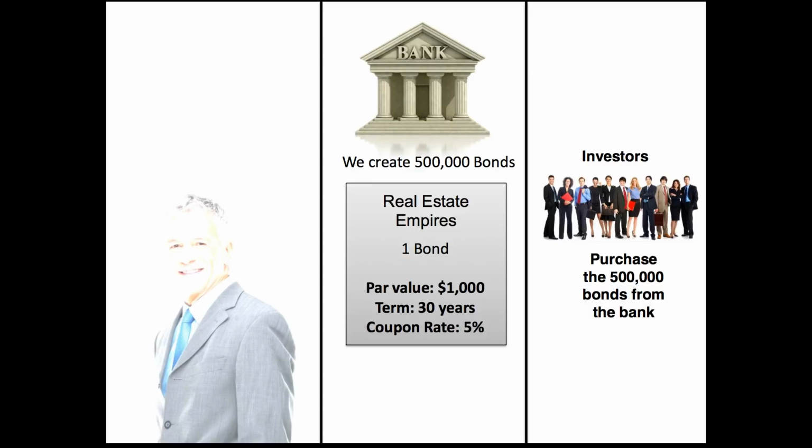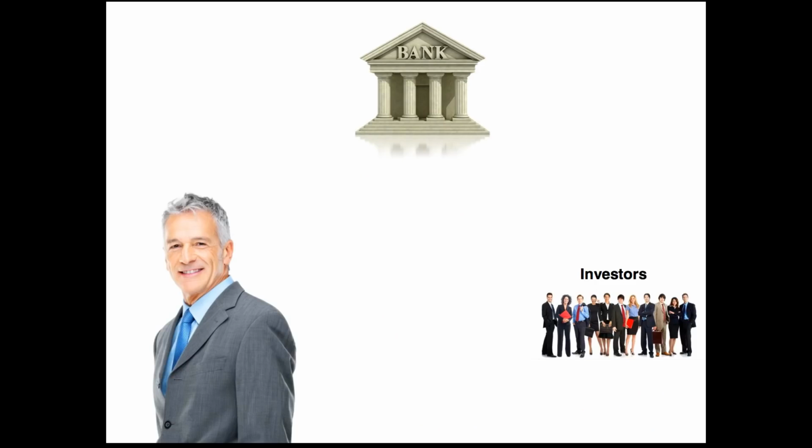So after the bank sells off that bond, the relationship at that point is now between Jack and the investors. Let me go ahead and recap this real fast so you can see how the flow of money would occur during this transaction. Jack needed the $500 million. The bank supplied him that $500 million.